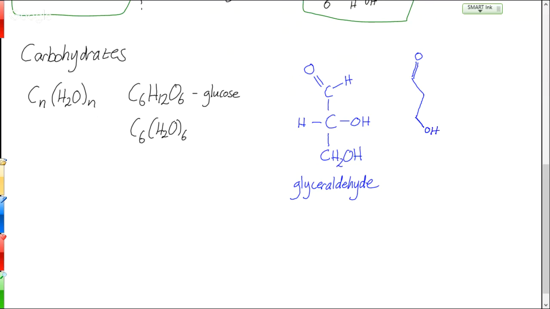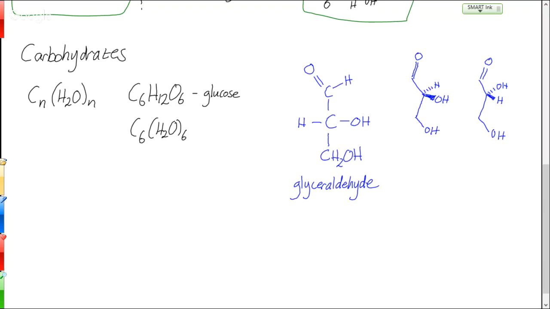And then there's an OH on the bottom. And then this OH in the middle actually matters in terms of the stereochemistry. So there are two types of glyceraldehyde. One with the OH in the front and one with the OH in the back.